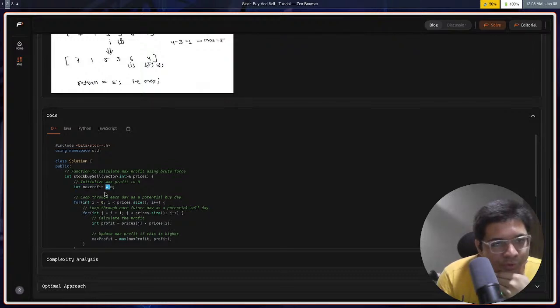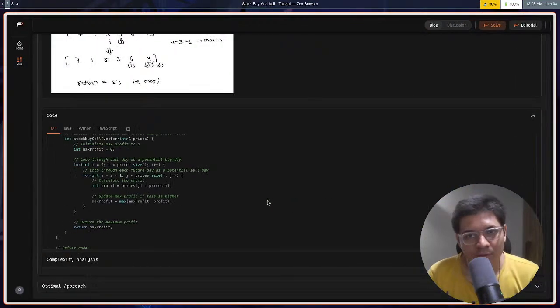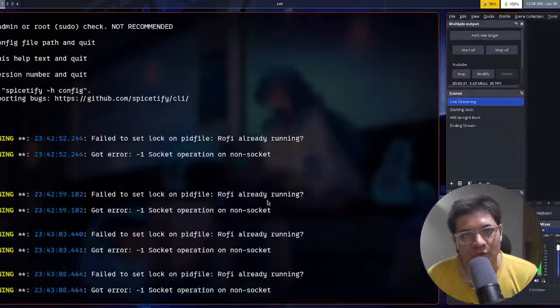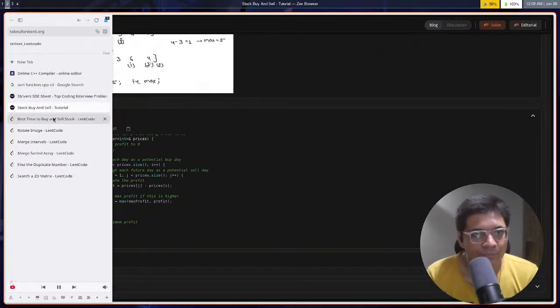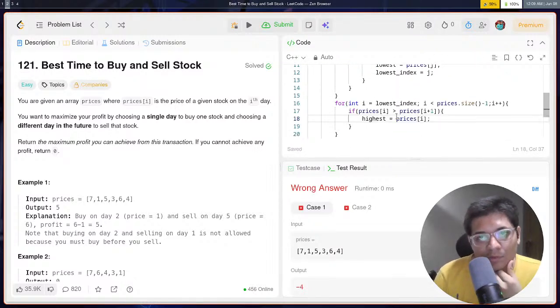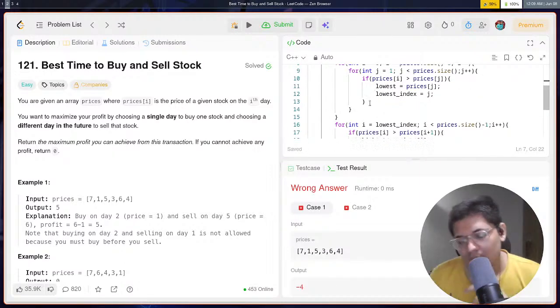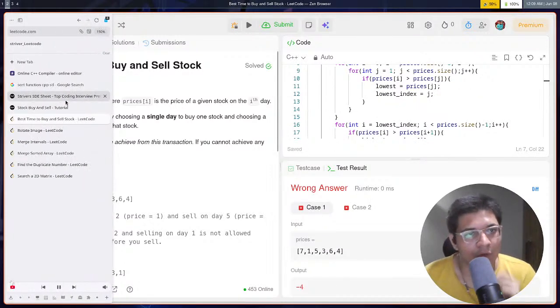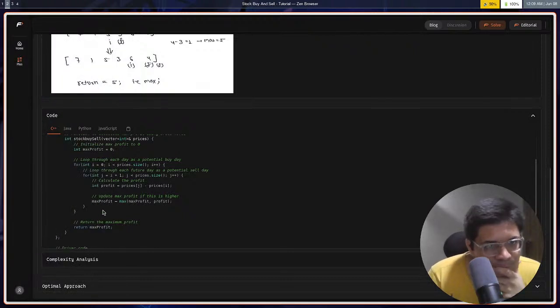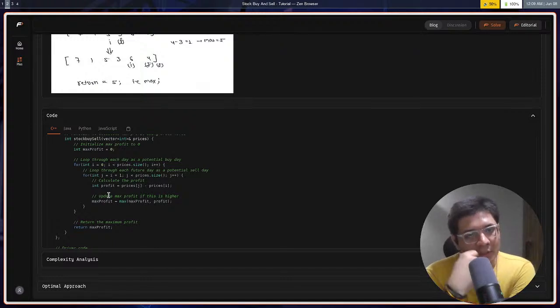Int stock buy sell, int profit is equal to 0, for int. Actually, this is the same thing we did, but instead of storing the pair values, we just directly stored it into the int lowest and the int highest. So that's how we got it wrong. Int profit is equal to prices[j] minus prices[i].